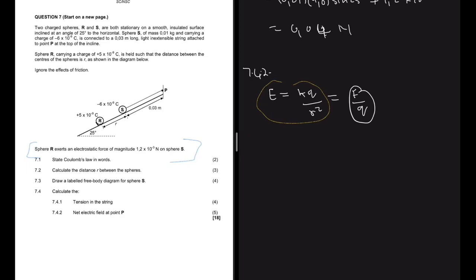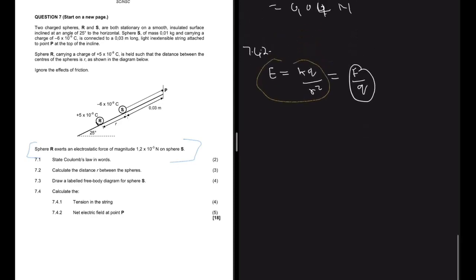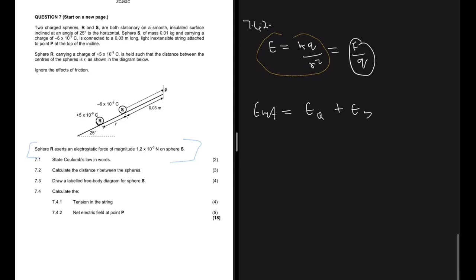So we have to put a negative sign between either the electric field for sphere R or the electric field for sphere S, right? So that will be E net equals E exerted by R plus E exerted by S, right?